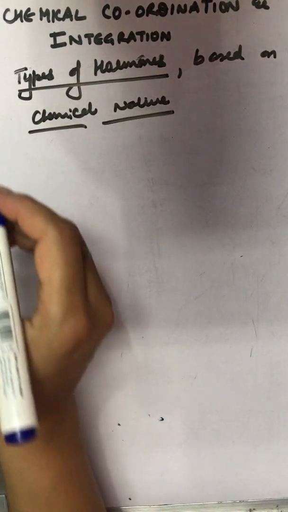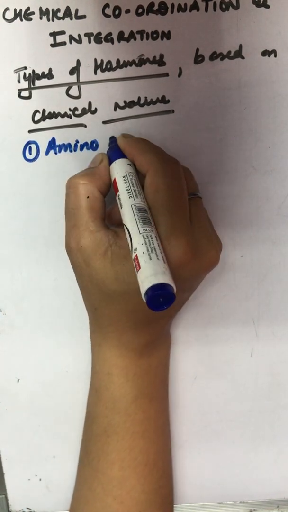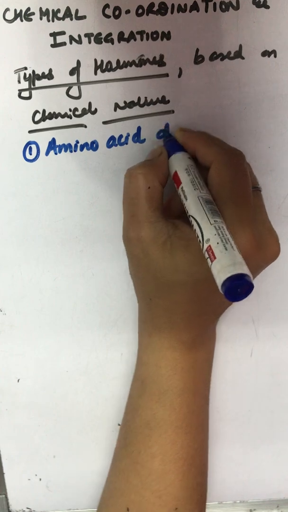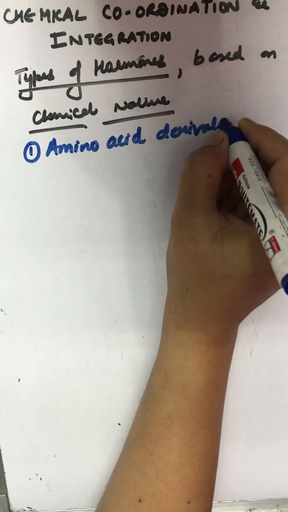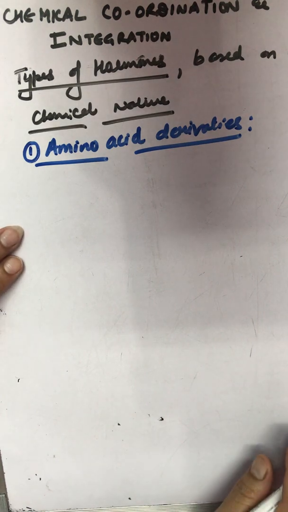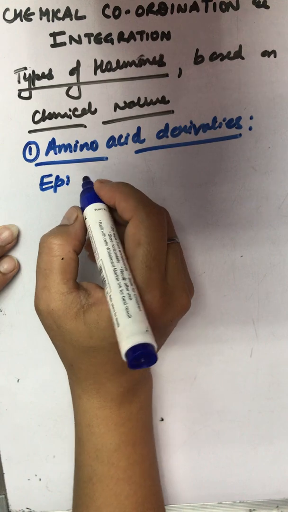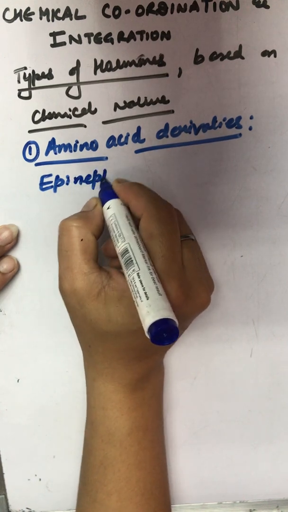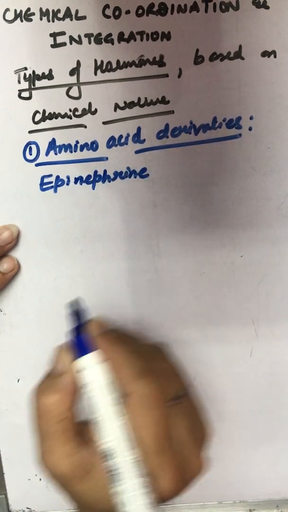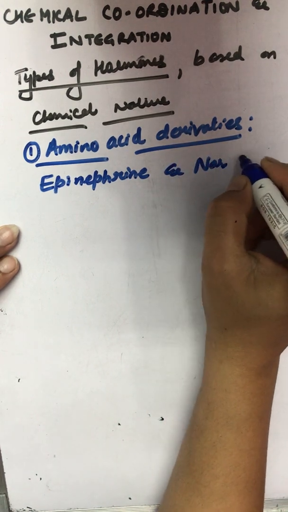First of all, we are talking about amino acid derivatives. When we say amino acid derivatives, then examples are epinephrine and norepinephrine.